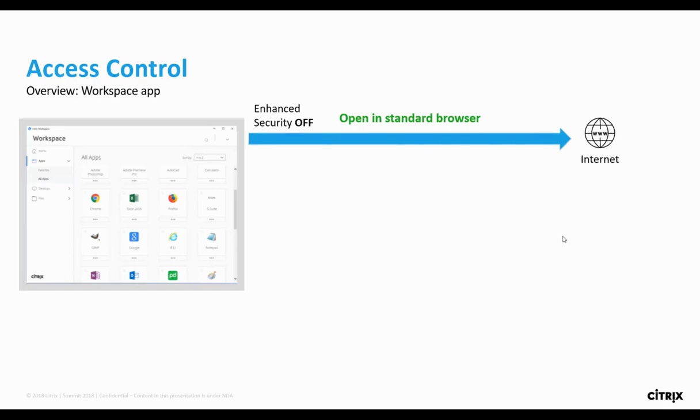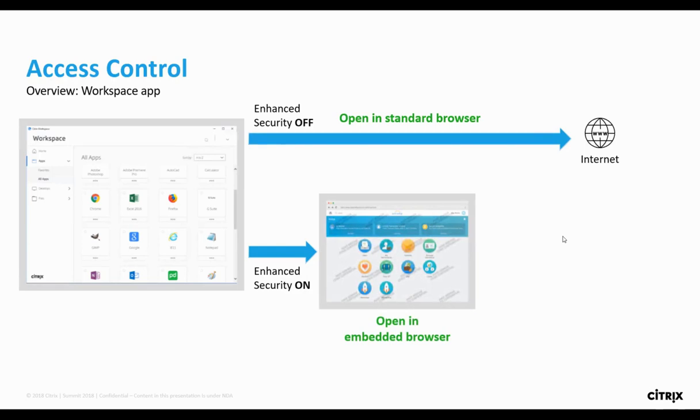Now, if you have a capability within access control called enhanced security, and it's turned off, and I launch a SaaS application from Workspace App, it's going to launch in my local browser, whatever my preferred browser, Edge, Chrome, Firefox, it doesn't matter. It's just going to launch normally, but it will single sign me onto that SaaS application. Now, if I turn enhanced security on, the SaaS app launches within an embedded browser.